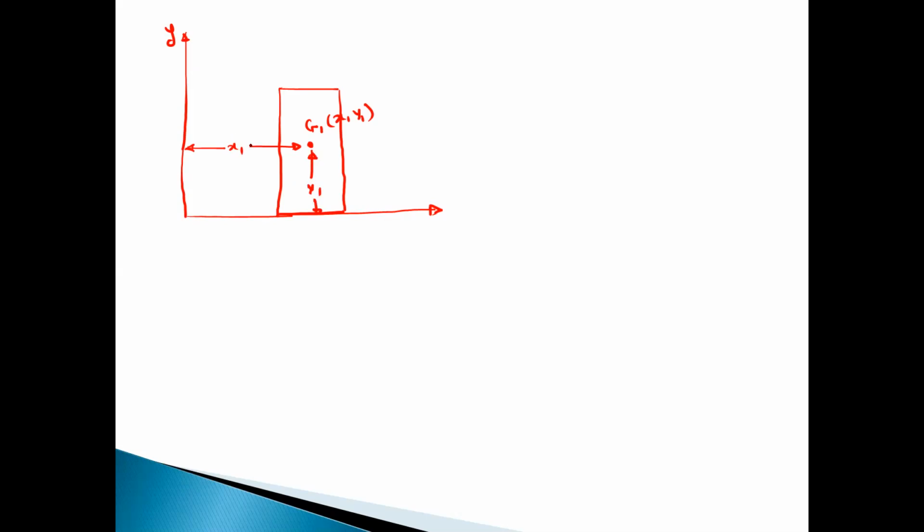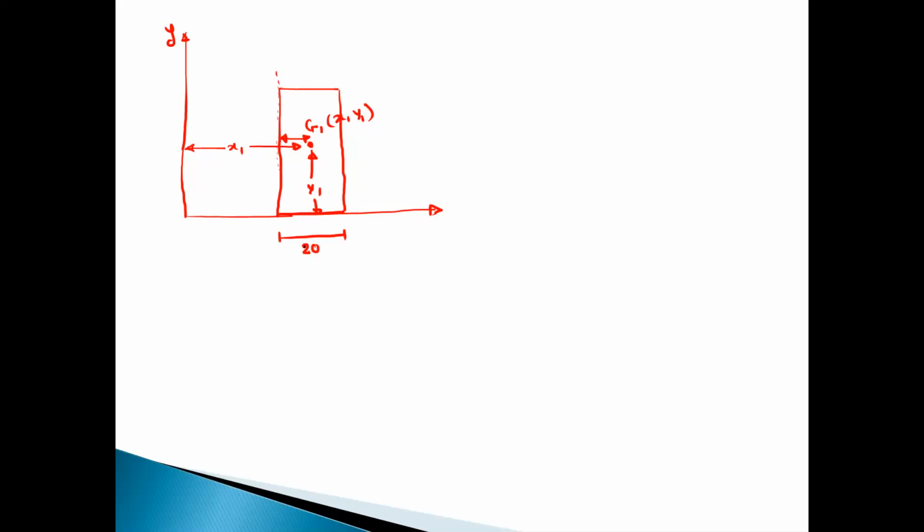So to find out this x1, this width is given for this rectangle, that is equal to 20 centimeter. Okay. This x1 is measured with respect to the y-axis. So first we have to find out, with respect to this line, what is the distance of the center of gravity. So this distance is nothing but 20 by 2.